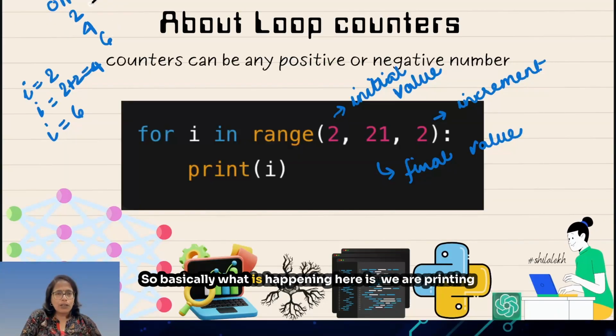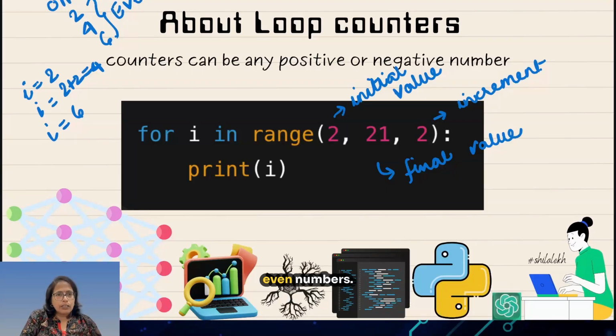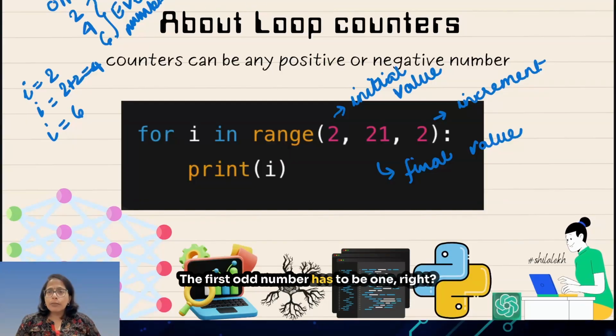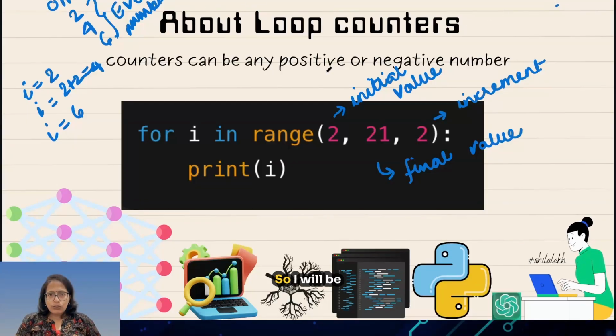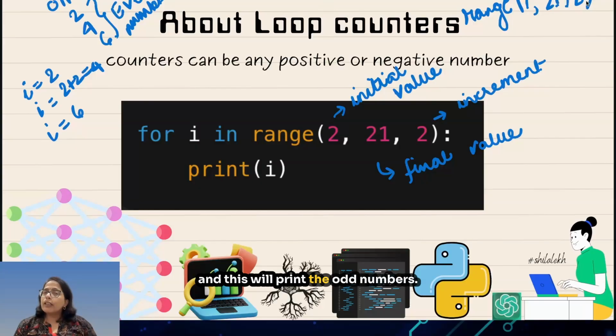So basically what is happening here is we are printing even numbers. Similarly, we can print odd numbers also. The first odd number has to be 1, right? So I will be range 1, 21, 2. And this will print the odd numbers.